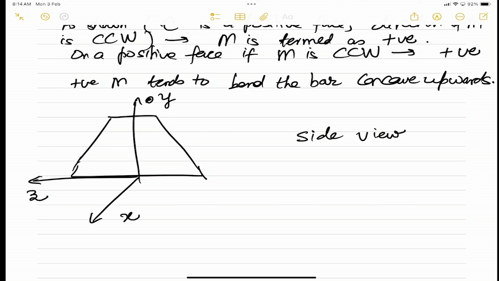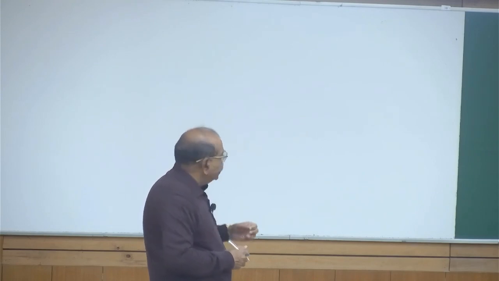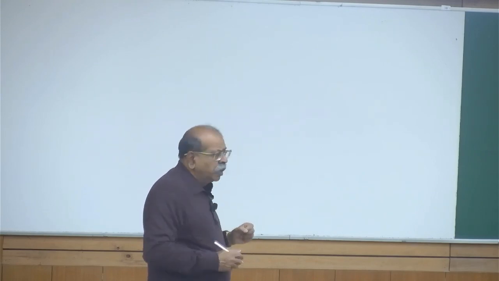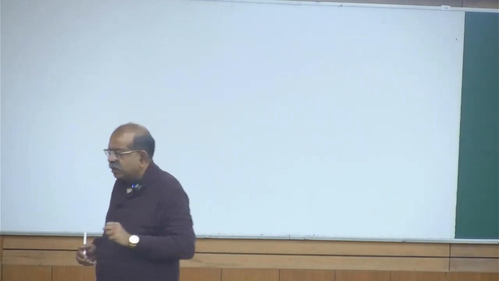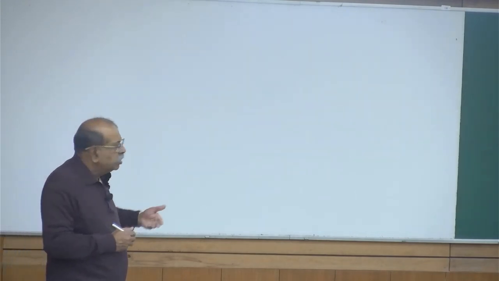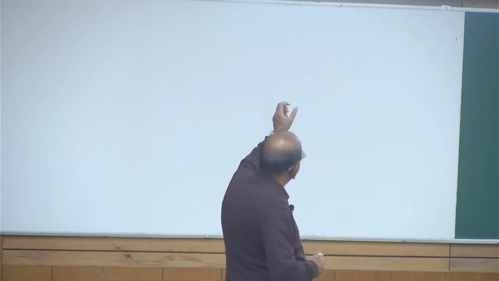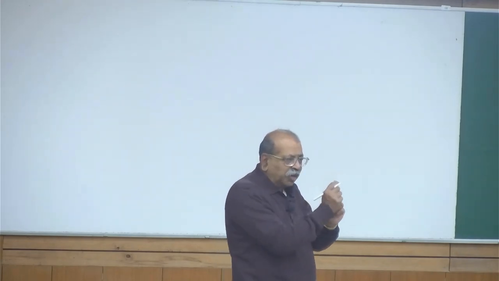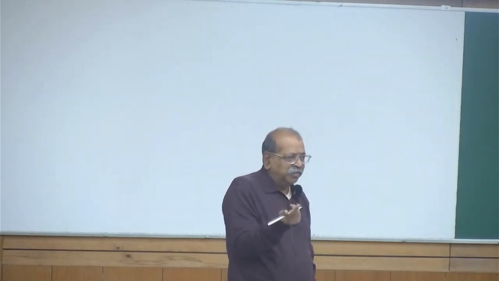Now this is a symmetric bar, so xy is the plane of symmetry. So it has to be symmetric about this line. So we draw a side view like this. And then in this side view, let me try to show what are the different forces acting on an element. So I choose an element like this. On this element, we will have all the sigmas and taus will act. And what I'm going to do is, to make it more clear, I will draw 3 elements and show only one of them on each of them.